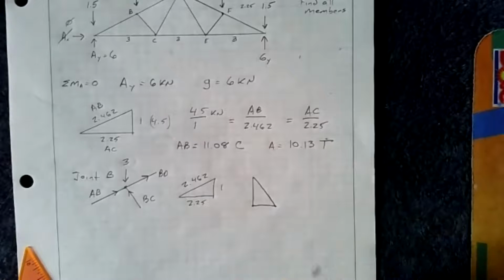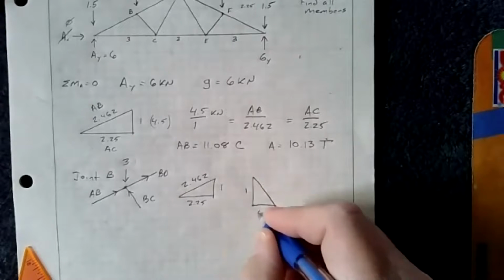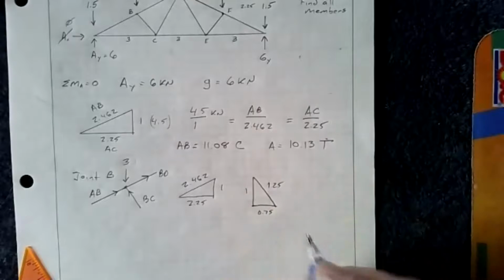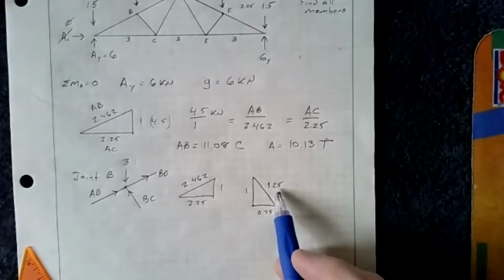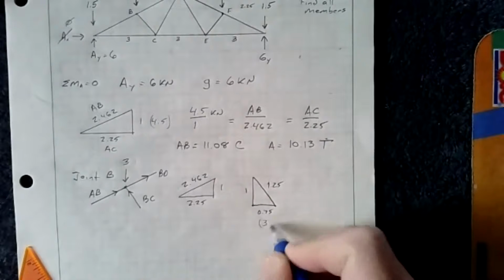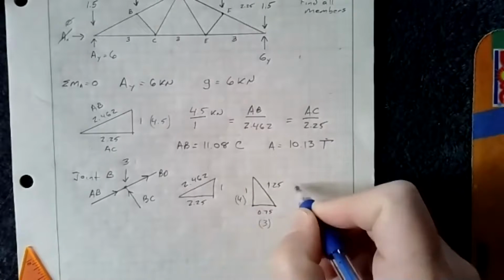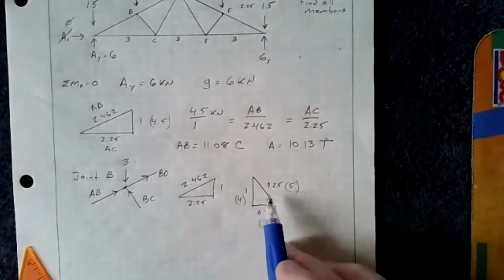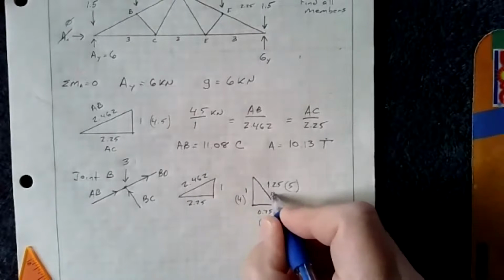And it turns out that this is going to be a 1.75, 1.25. But if we divide that by 5, each of them, what do we get? We get a 3, 4, 5 triangle, which is easier to use. So we'll deal with the 3, 4, 5 triangle. So that's our BC here.